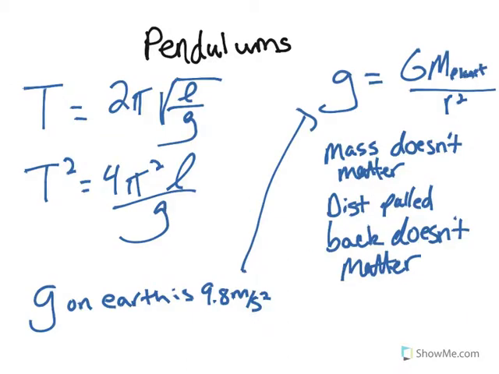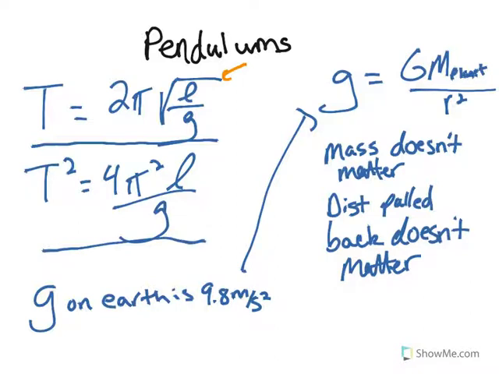Okay, pendulums. What's important about a pendulum? Well, this is the formula that you were given. Occasionally you'll see it written like this as well, which, as you can see, they essentially just took out the square root. And what they did to take out the square root was they squared everything else.